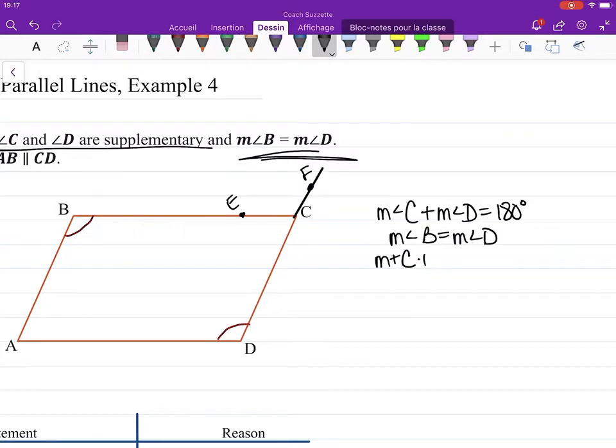Measure of angle C plus the measure of angle ECF is equal to 180 degrees. Well, since both of these equations have measure of angle C, we can rewrite them and then show that these are equivalent. Okay, so let's start writing in our proof.